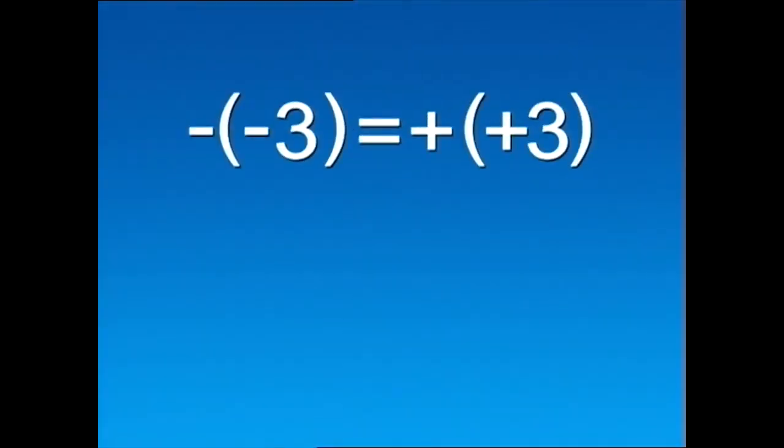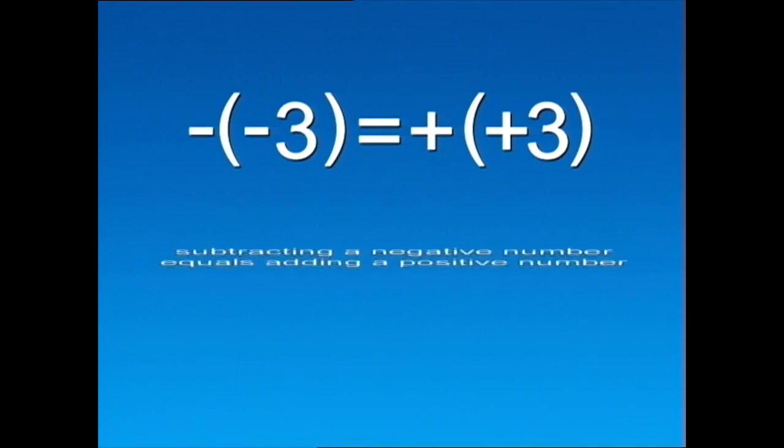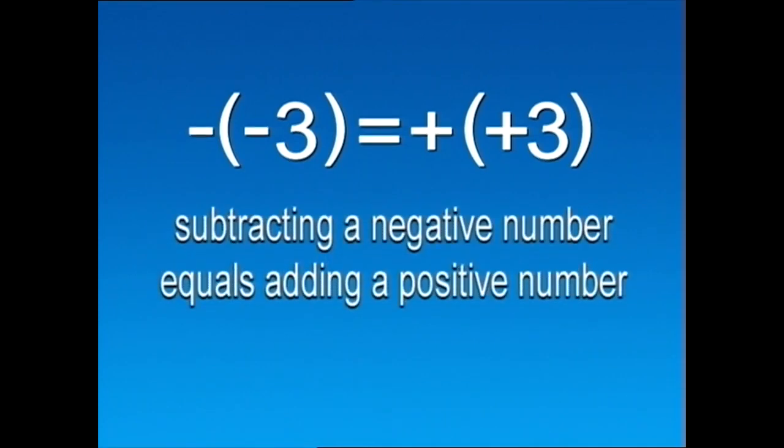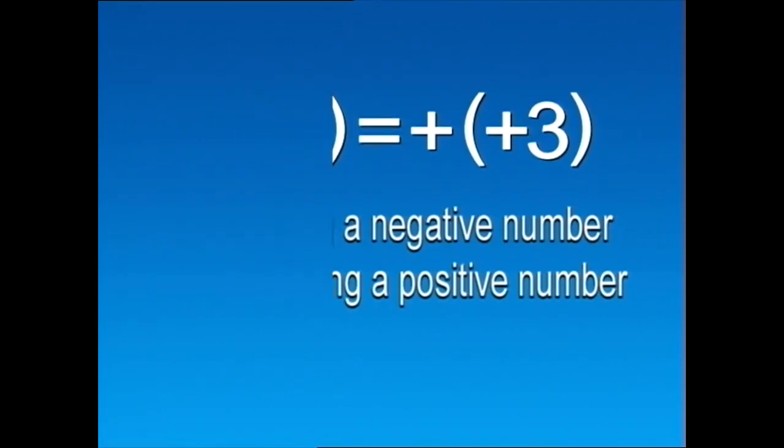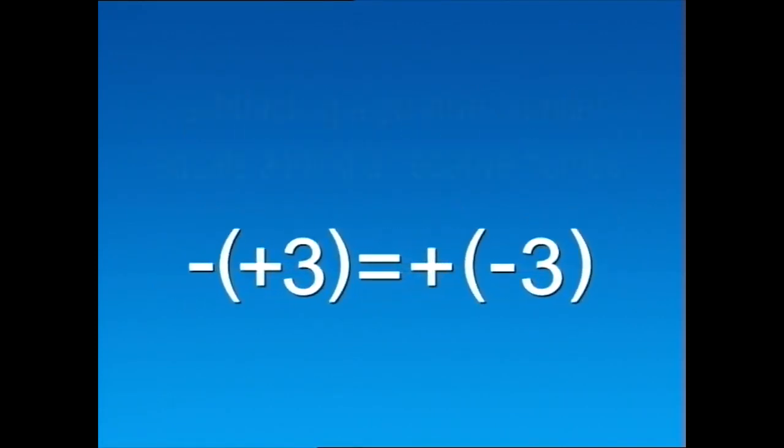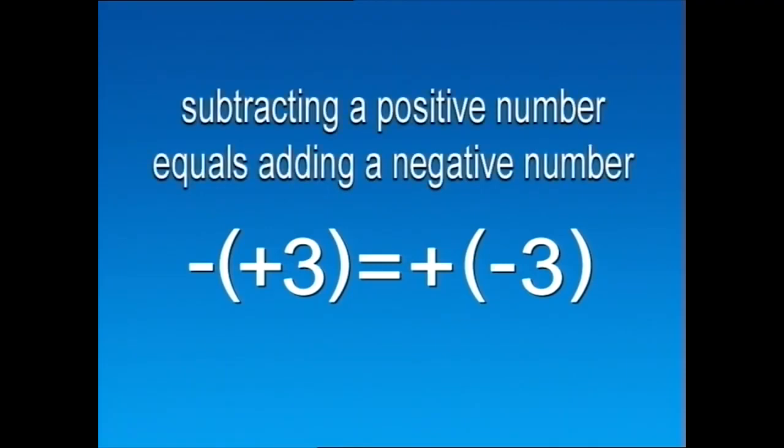Based on the above, we use the following rules for the subtraction of directed numbers. Subtracting a negative number equals adding a positive number. Subtracting a positive number equals adding a negative number.